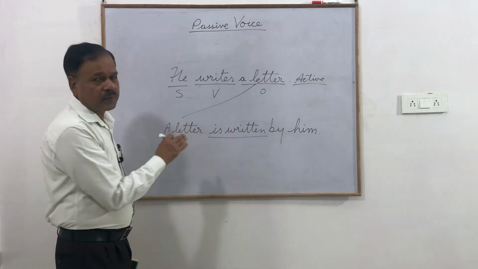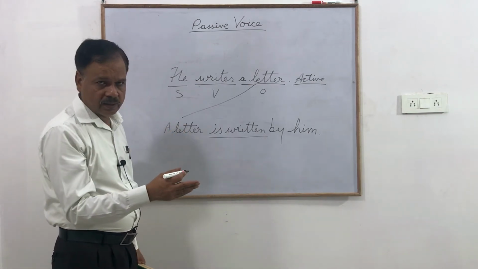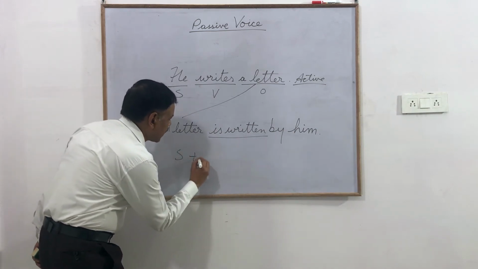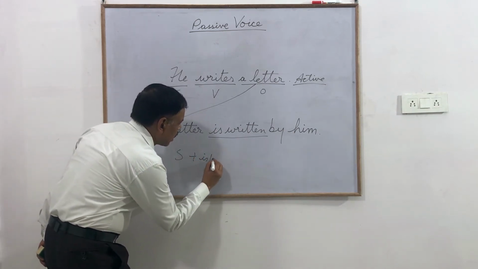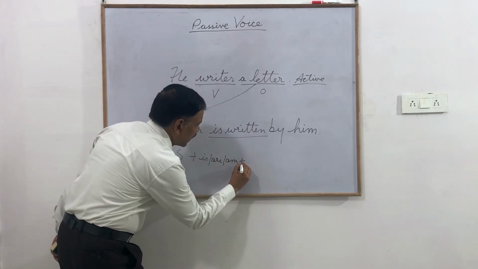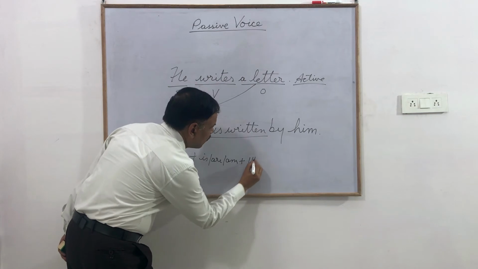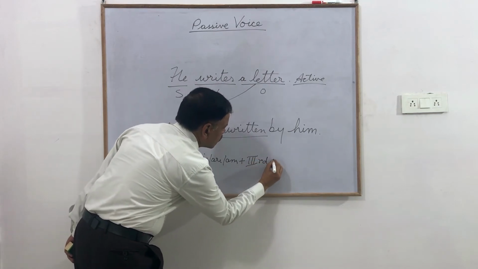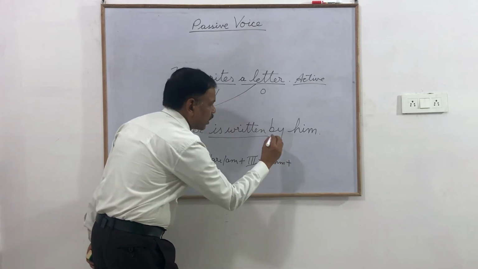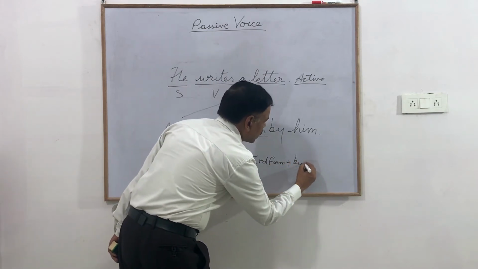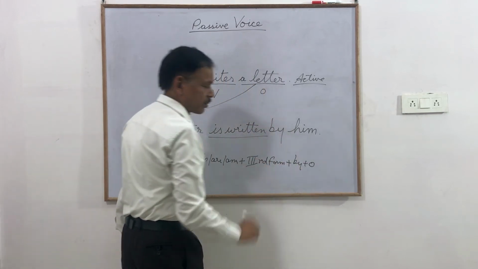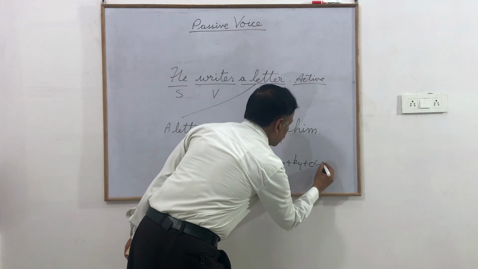So the structure of the passive sentence of present simple is subject plus is, are, am plus third form plus, if we require, by agent and the objective case of the subject, that is him over here.